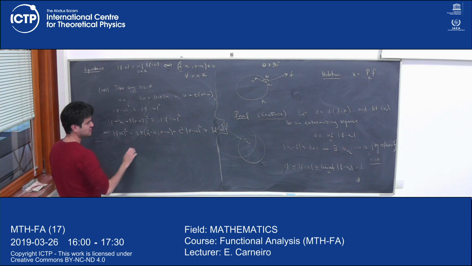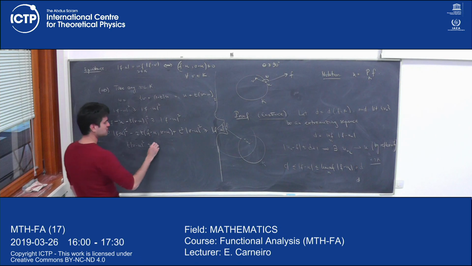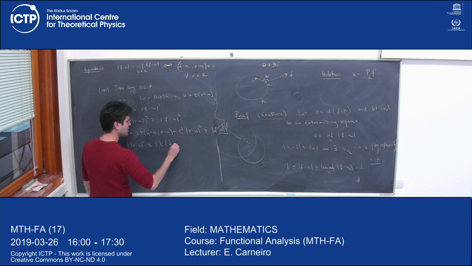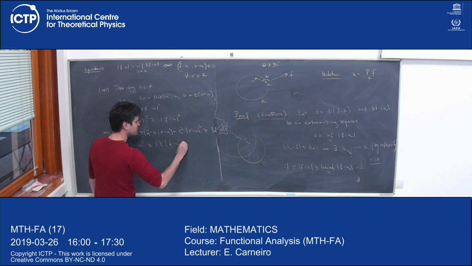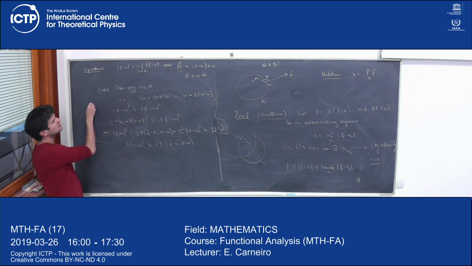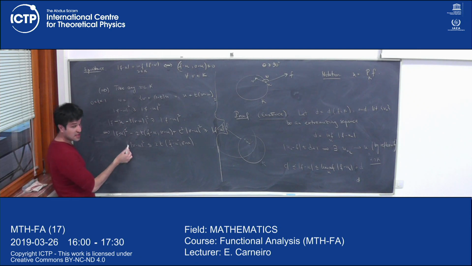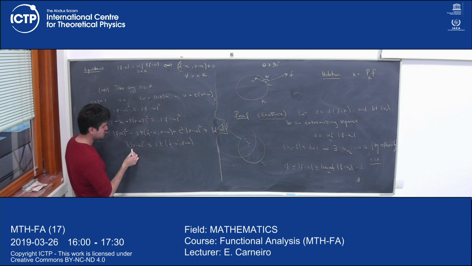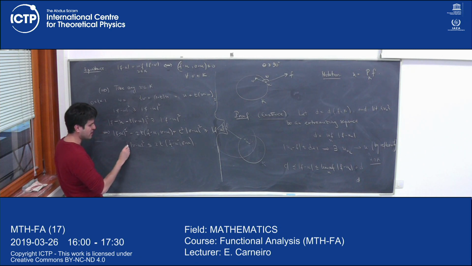I'm going to pass to the other side, so I'm going to have t squared times the norm squared of v minus u less than or equal to 2t times the inner product of f minus u and v minus u. Okay, so now I'm done, right? Let's say t is between 0 and 1. So I can just cancel the t here. I think this is t squared, right? The sign of the inequality is reversed.